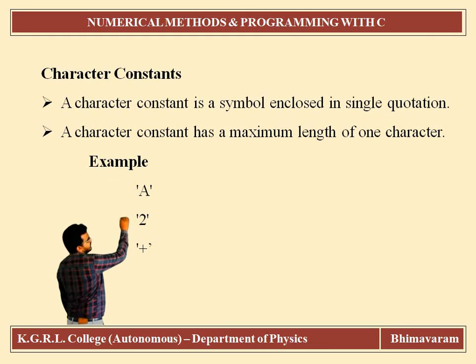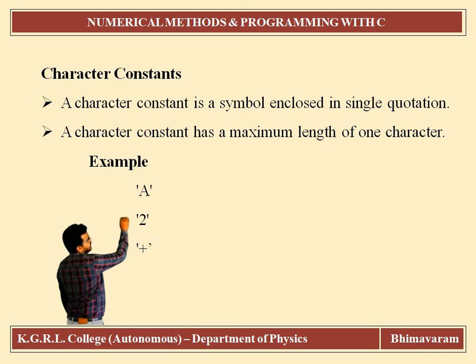Okay. Next, character constant. A character constant is a symbol enclosed in single quotation. A character constant has a maximum length of one character. For example, here A is a single character, 2 is a single character, plus is a single character. These are all enclosed in single quotations.